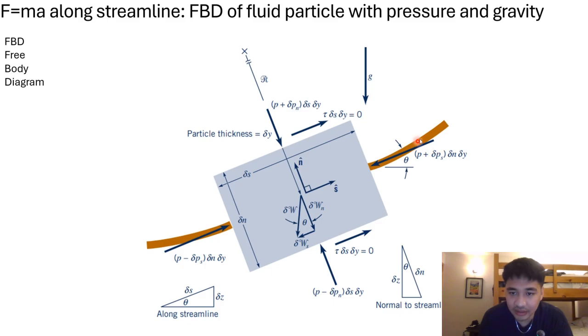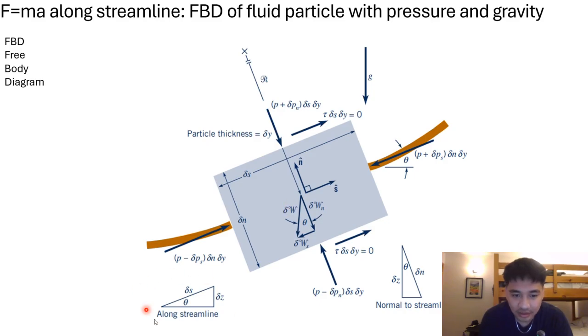Here is the direction of the streamline, the s direction. You have your pressure plus your change in pressure in the s direction, multiplied by the change in n times the change in y. And in the other direction, you have P minus delta P times your change in n times your change in y. Your particle thickness is the y direction, so that's coming in and out of the page.